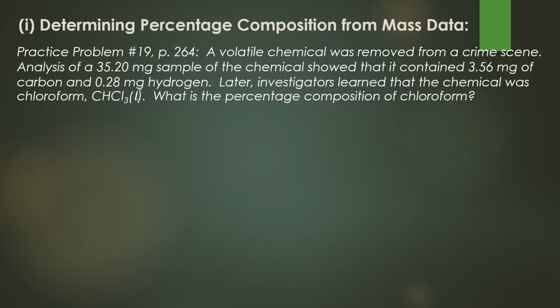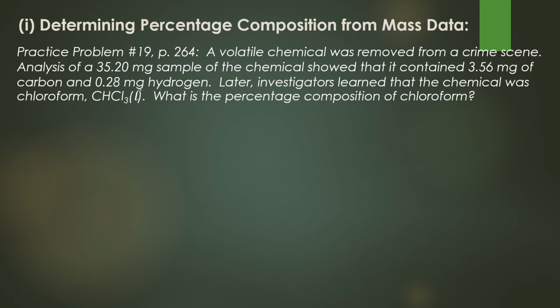So looking now at practice problem 19 on page 264: a volatile chemical was removed from a crime scene. Analysis of a 35.20 milligram sample of the chemical showed that it contained 3.56 milligrams of carbon and 0.28 milligrams of hydrogen.